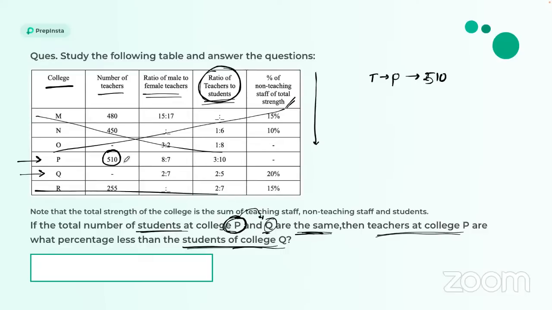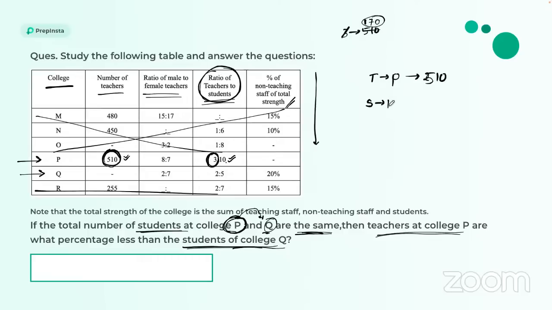So let's start with total teachers 510 and a teachers to students ratio of 3:10. So 3 parts is 510. Teachers is 3 parts, so 3 parts is 510 means 10 parts will be how much? 3 will cancel, 1 time remainder is 21, so 7 times, so 170. 1 part is 170.